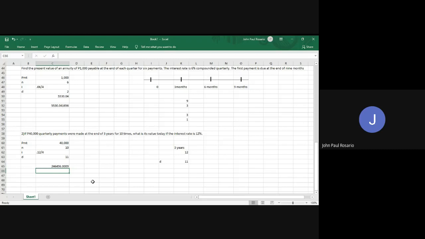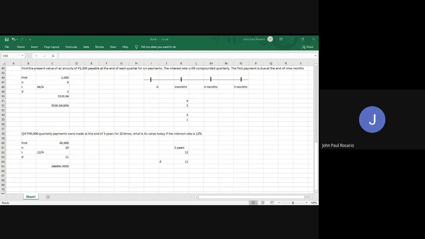Okay. So let's see if you can get the same answer. Anyone? Did you get the same answer in your solving? Or did you try to solve it? Yes, sir. Same answer? Yes, sir. Okay.